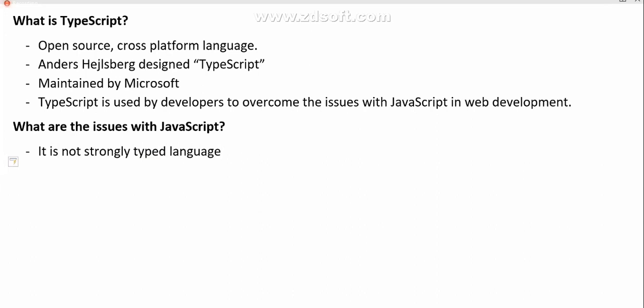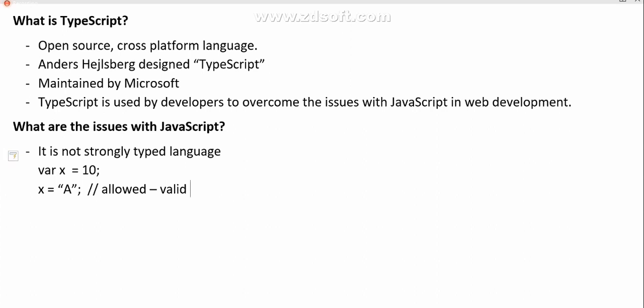Not strongly typed means, for example, suppose I say var x = 10 and then var x = "a". That means x is initialized with a number, but you are storing a string. This is allowed and valid, there is no problem.